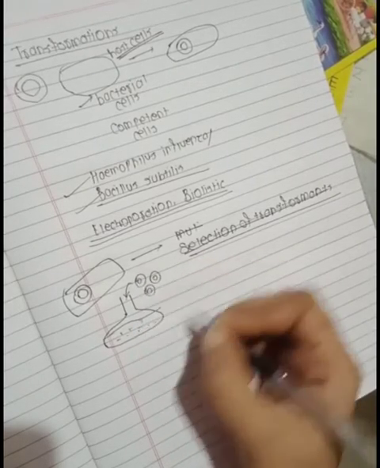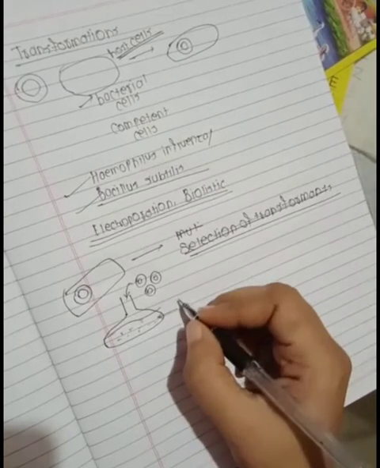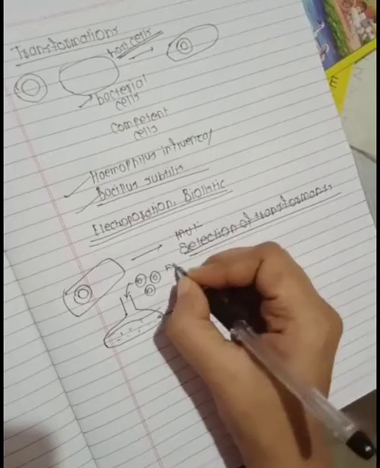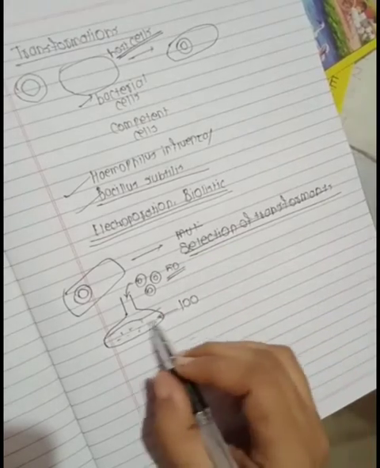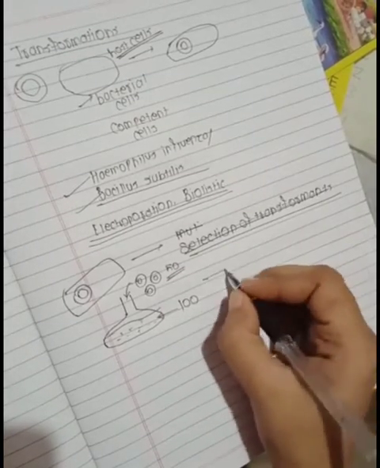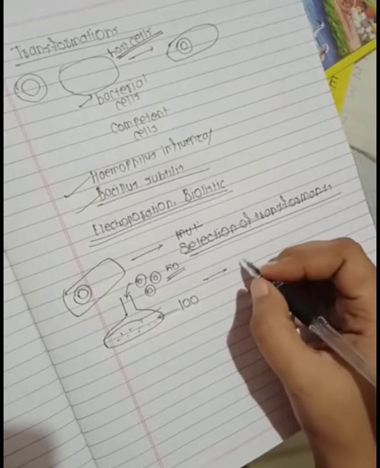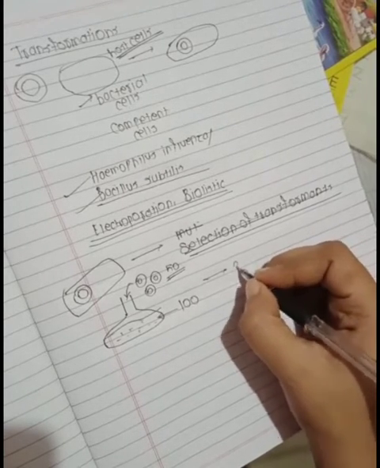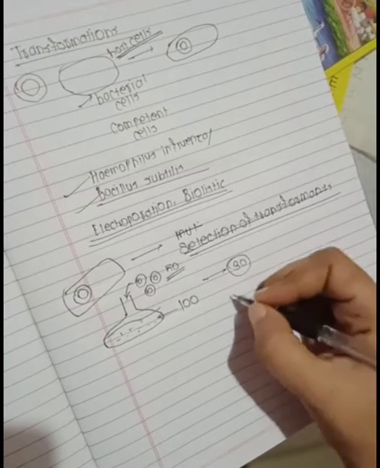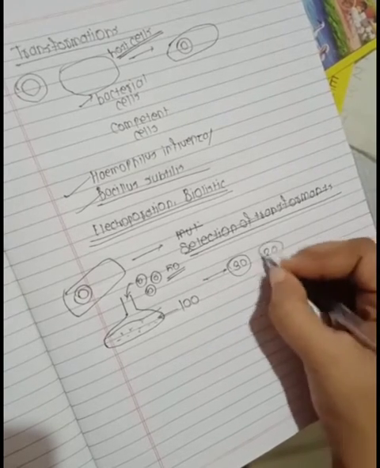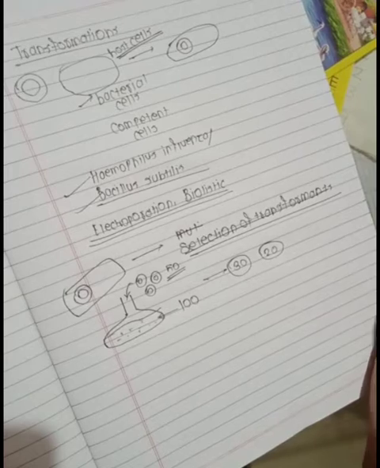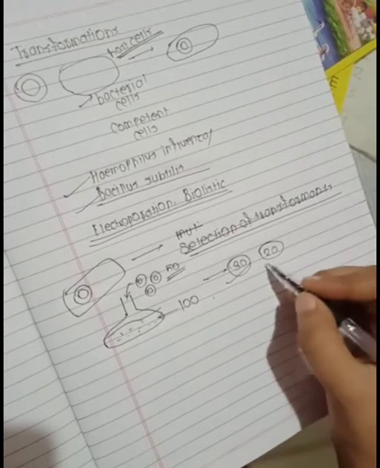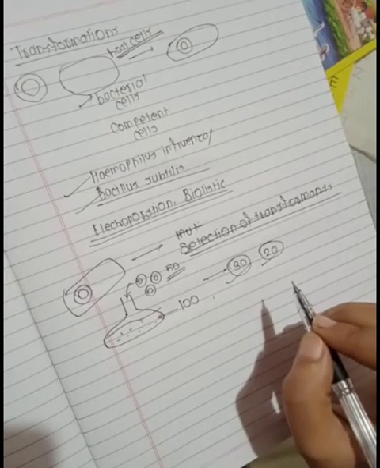Suppose your bacterial population is 100 and you are putting 50 plasmids into this broth. The chances are that out of 50, say 30 will get incorporated into the host cells, but 20 will not.